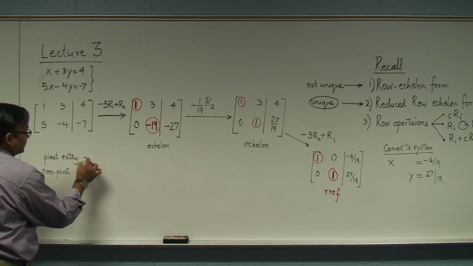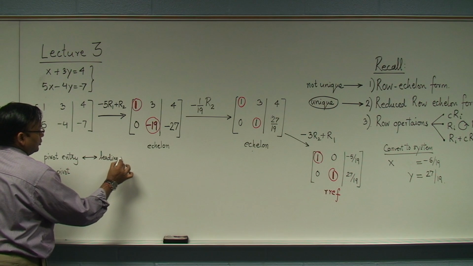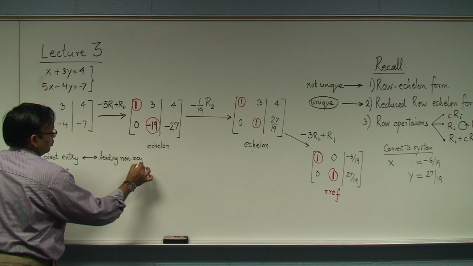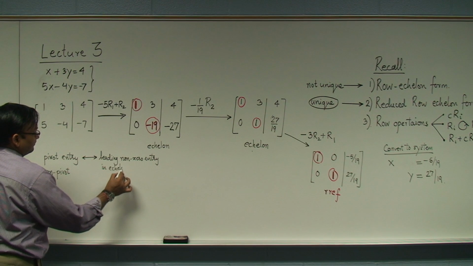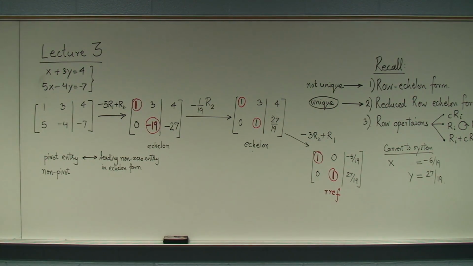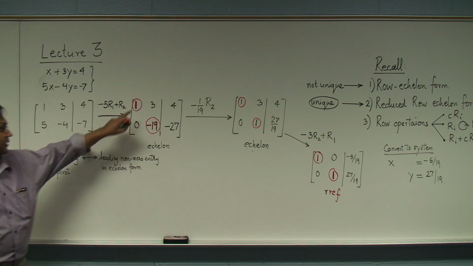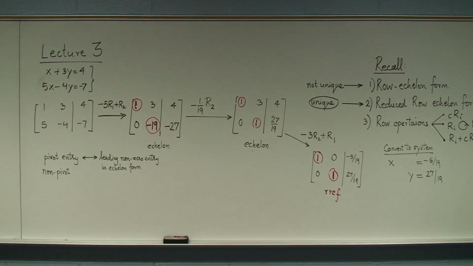Pivot entry for us would be the same as the leading non-zero entry in echelon form. And as we shall see, it will correspond to the leading non-zero entries of the row-reduced echelon forms also. So for example, these are all pivots. And we would be interested in knowing the pivot entries for a reason that will be clear a little later.